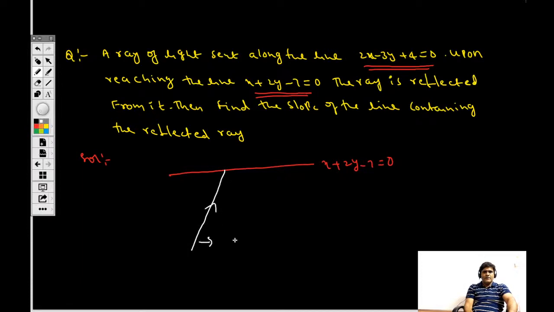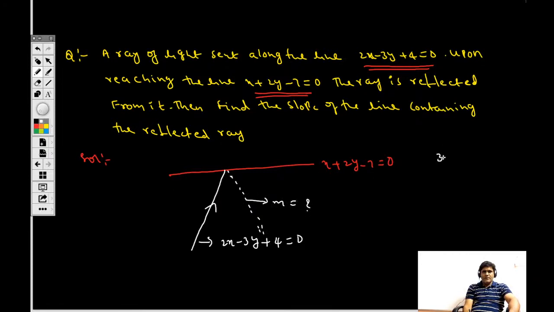The incident ray is 2x minus 3y plus 4 equals 0. So this is the reflected ray, and the slope of this one is being asked.